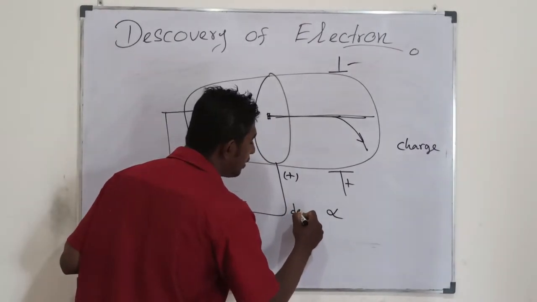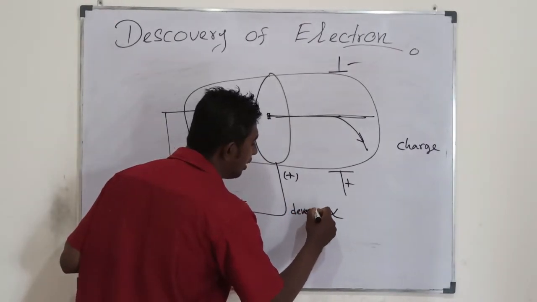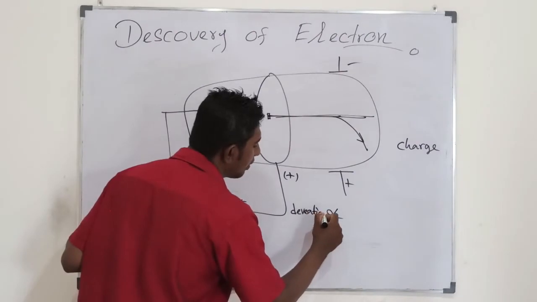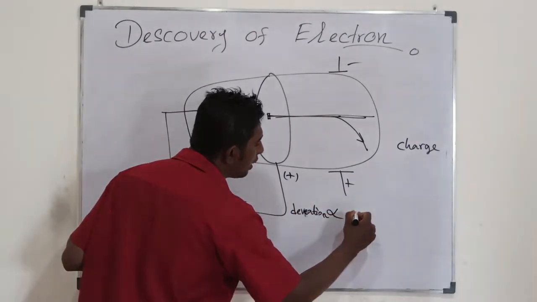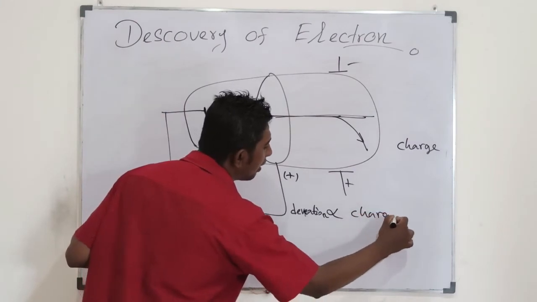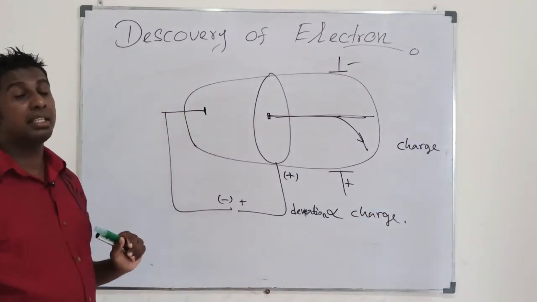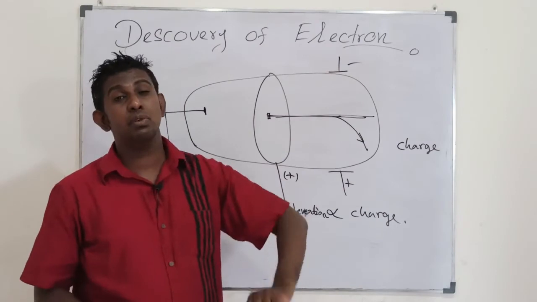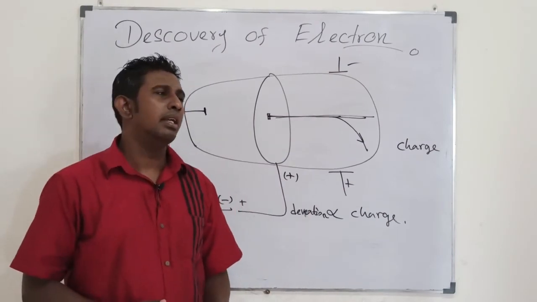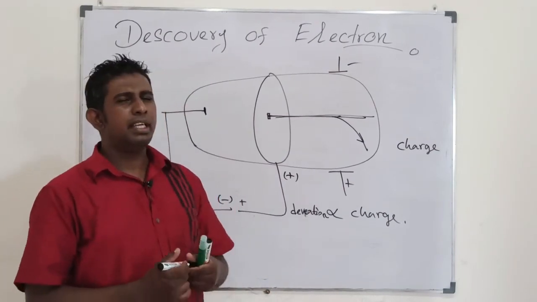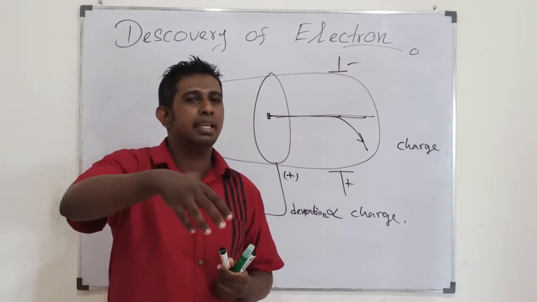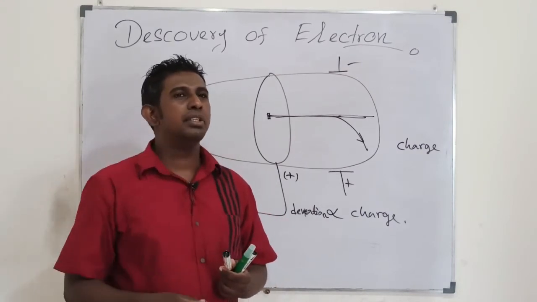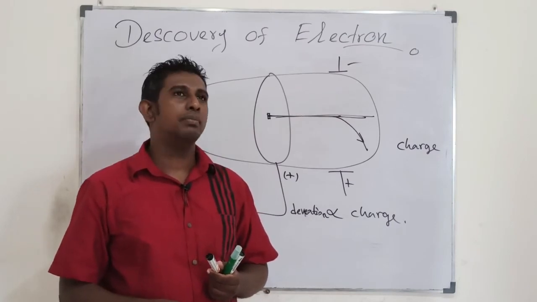The deviation is directly proportional to the charge. If you have a greater charge, the deviation would be more. Then further, if it is a lighter particle, you could easily change its path, deviate more.